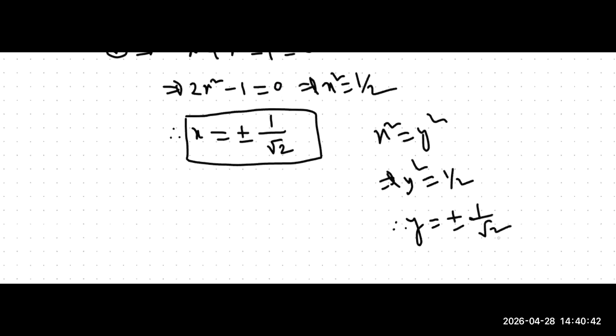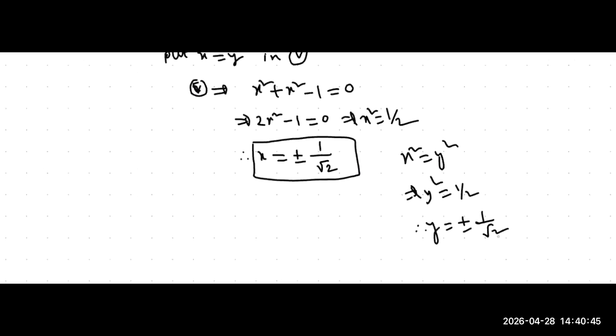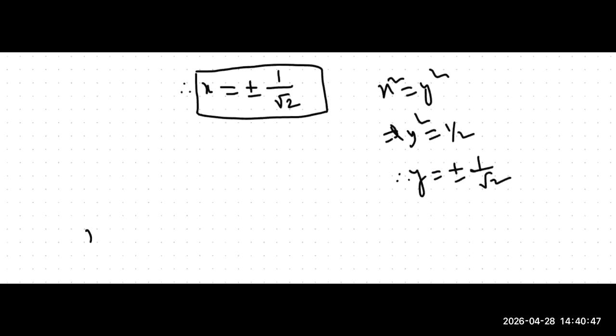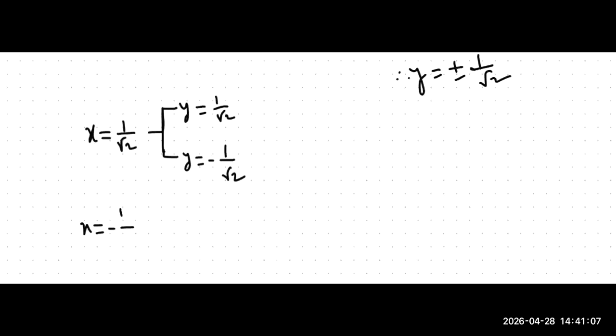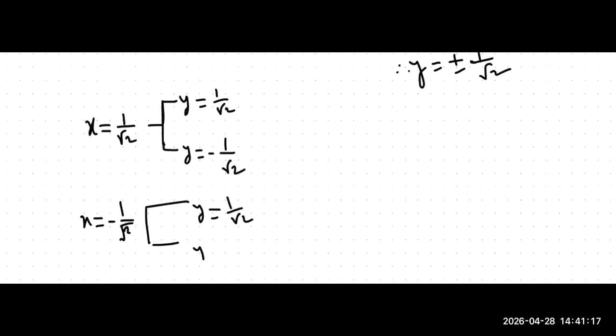So we have basically 4 points in this case, because for x positive value 1 divided by root 2, we will have 2 y quantities. The first one is equal to 1 divided by root 2. The second one is y is equal to minus 1 divided by root 2. And similarly for x is equal to negative 1 over root 2, we will have two y values. The first one is 1 divided by root 2. The second one is negative 1 divided by root 2.